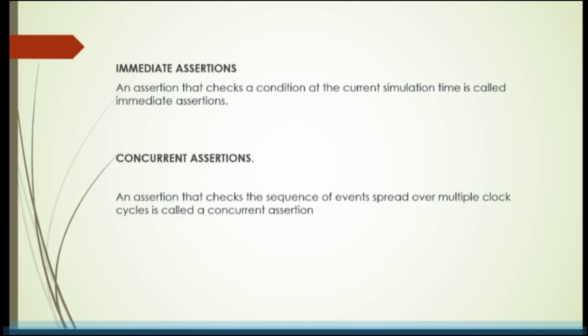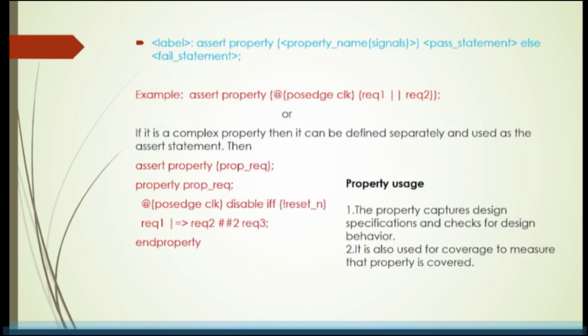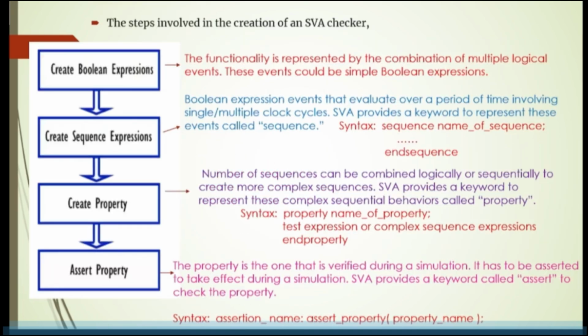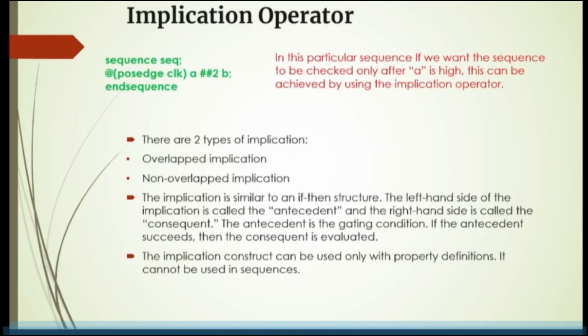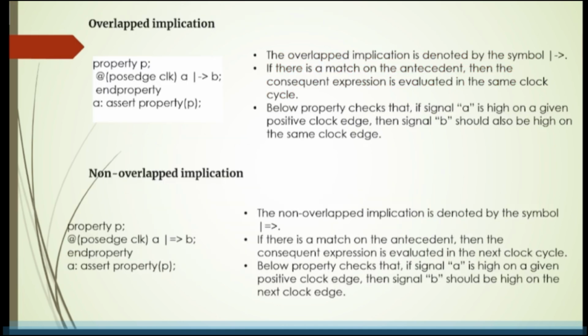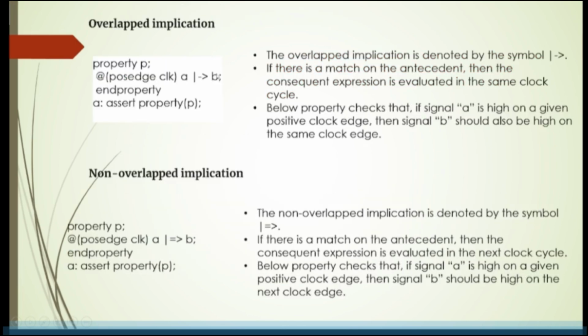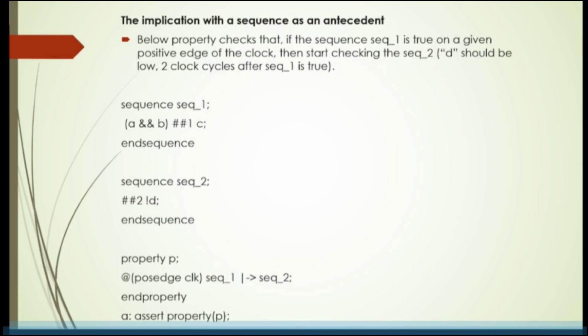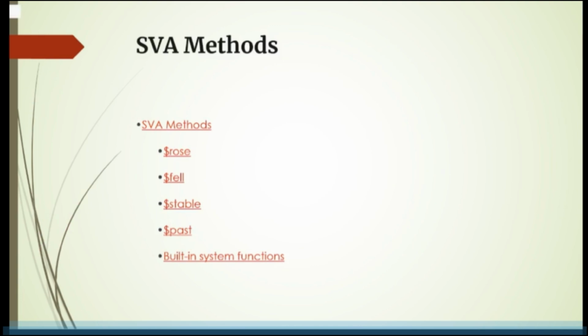So these are the two kinds of assertions which we will find in SystemVerilog. In the upcoming sessions, we will be talking about immediate assertions and concurrent assertions, SVA checkers, and also sequences. There are various ways to write your assertions, by using implication operators, overlapped implication operators, and so on. SystemVerilog assertions also have methods like $rose, $fell, $stable, $past, and so on.